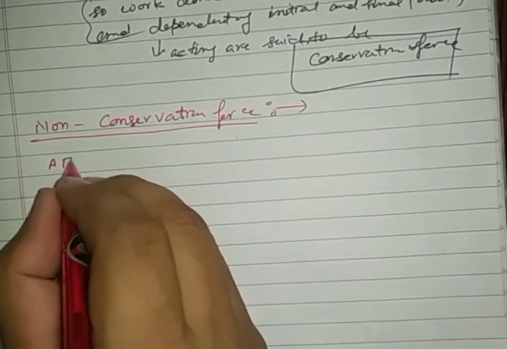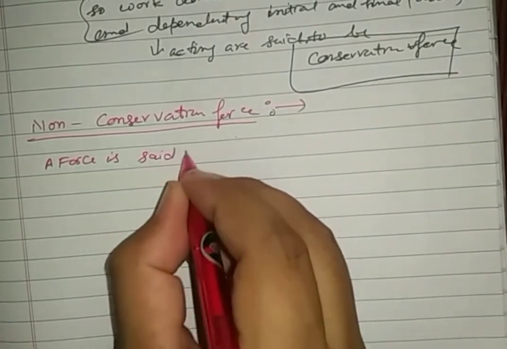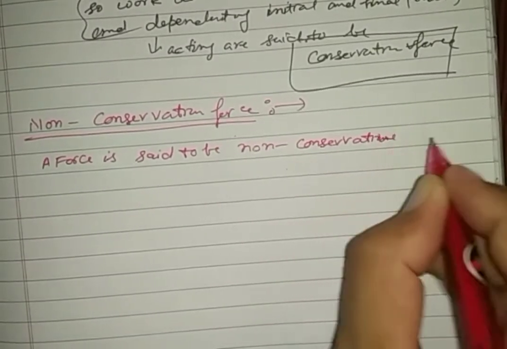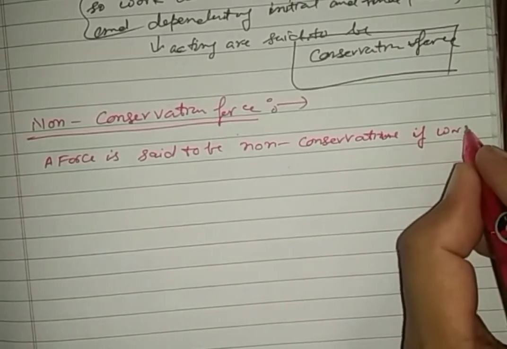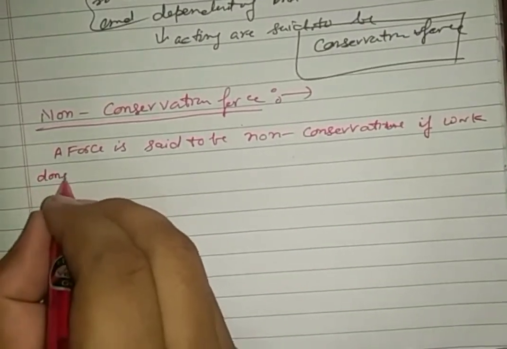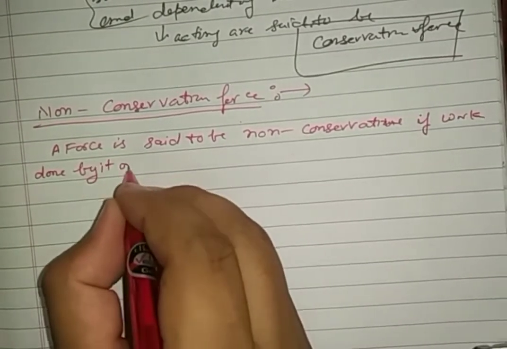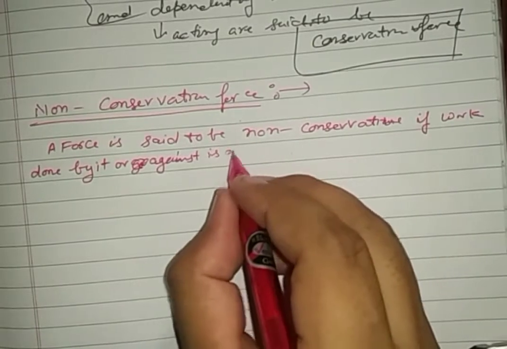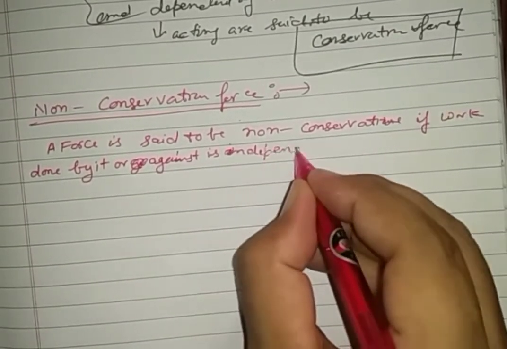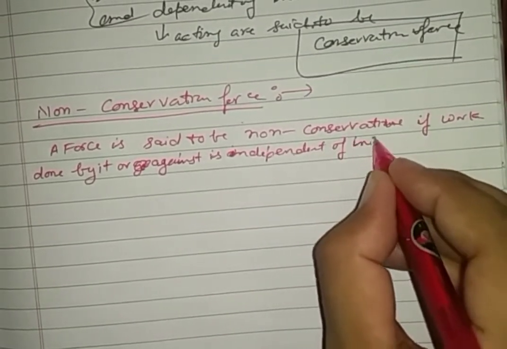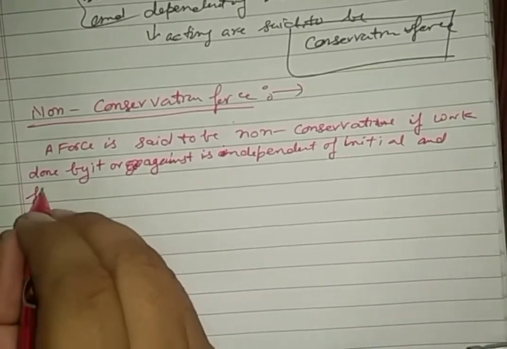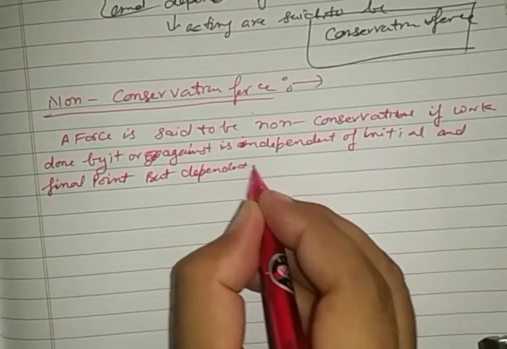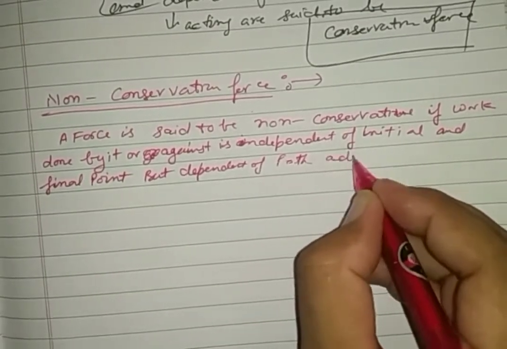A force is said to be non-conservative if work done by it or against it is not independent of, it is just the reciprocal, it is dependent on the initial and final point, but dependent on the path adopted.